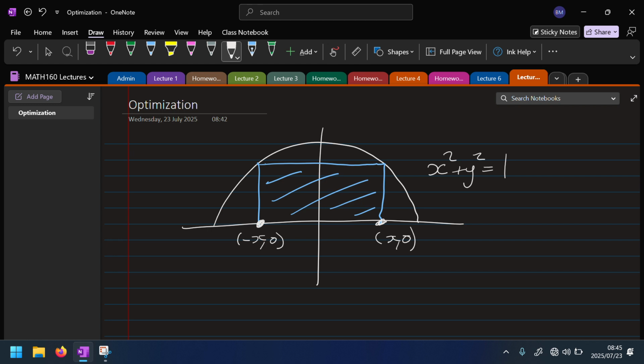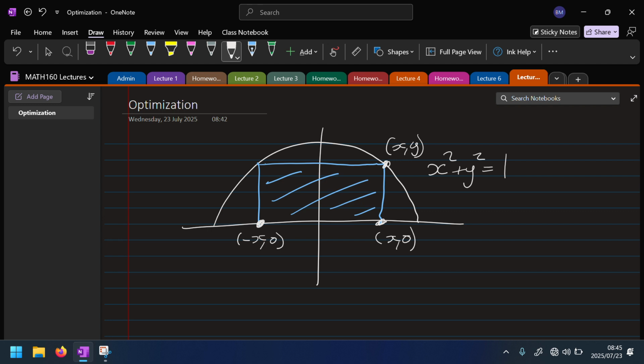Then let's look at the top right. We've got a point there. Let's call that xy, because the bottom point there has x, so the top one will also be x, and it has some y part that we're going to call y.